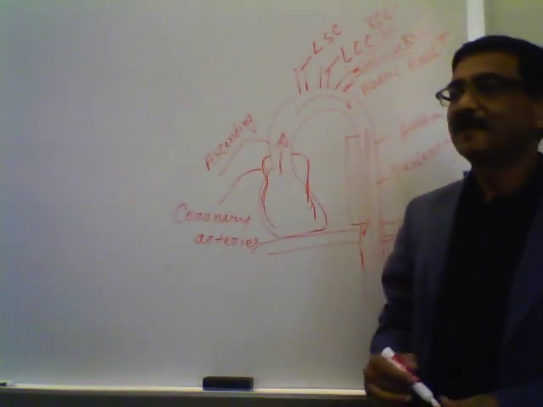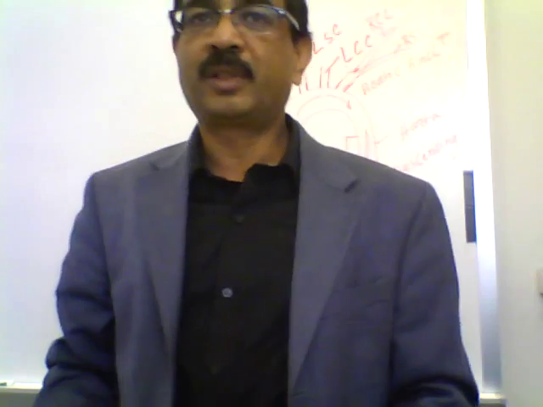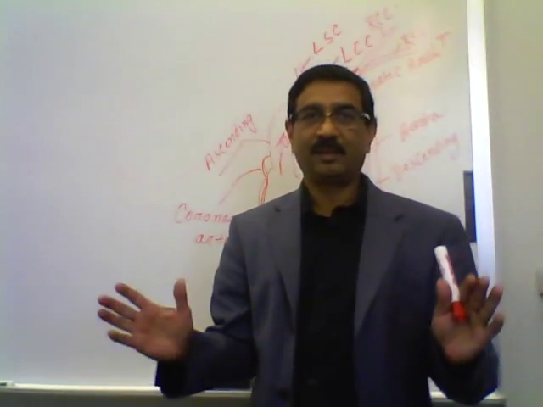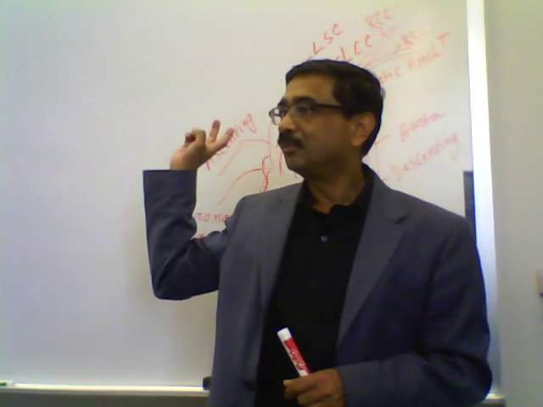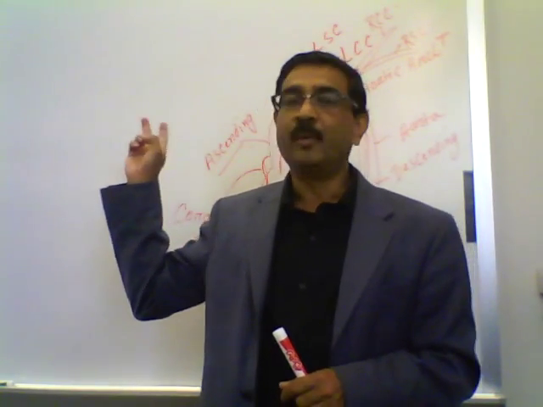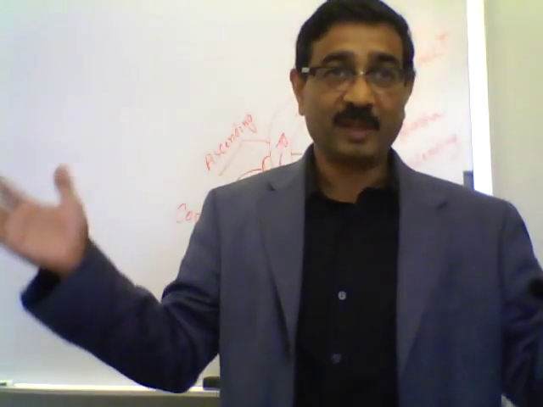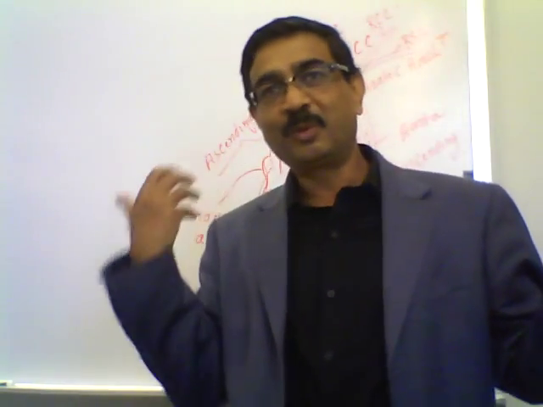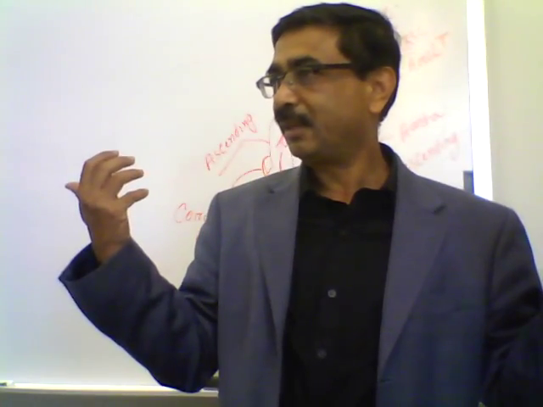Make sense? So brachiocephalic trunk divides into right common carotid and what? Right subclavian. So now here, how many common carotids? Two, right and left. How many subclavian you got? Two, right and left. Makes sense now, right? So you have two common carotids, right and left, two subclavian, right and left.